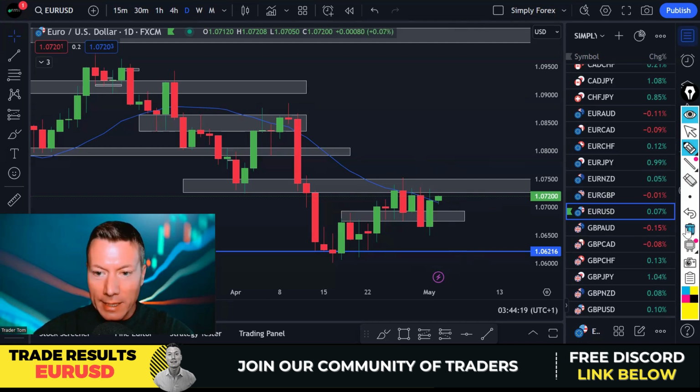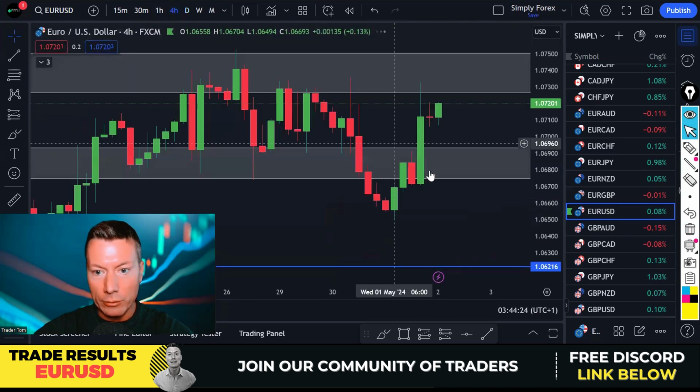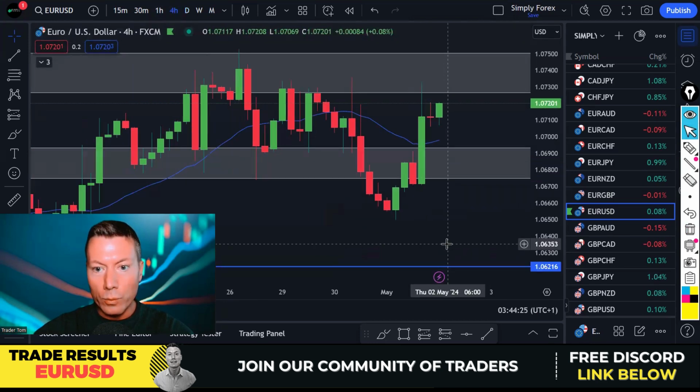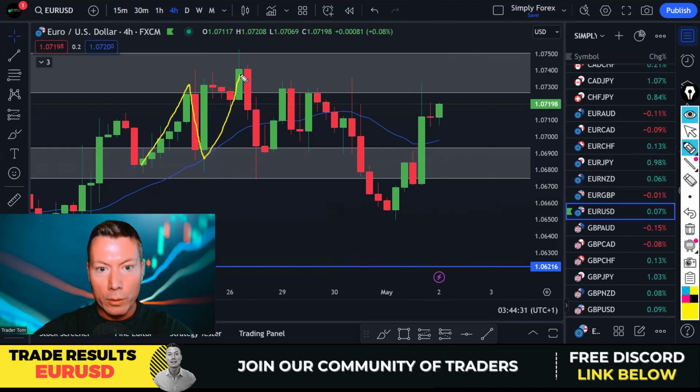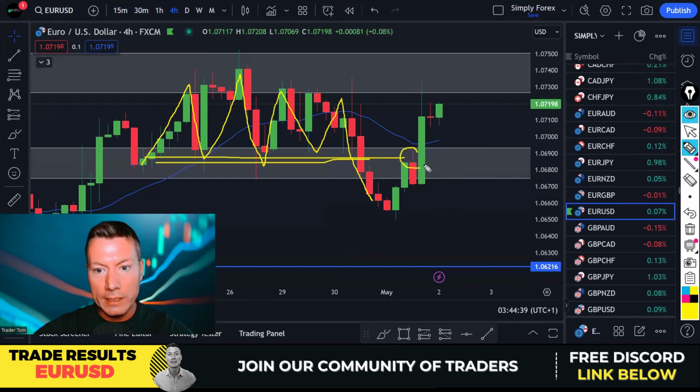But yesterday, we just didn't have a trade, guys, all right? I mean, even if we did look at our trade ideas, we did have a really nice setup. So this is the H4. We were just kind of ranging between these two levels here. We had this area of support turned resistance.